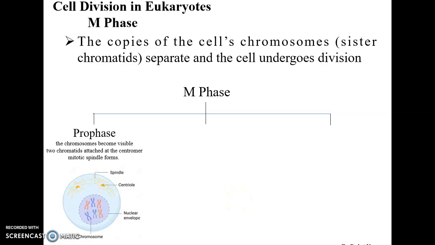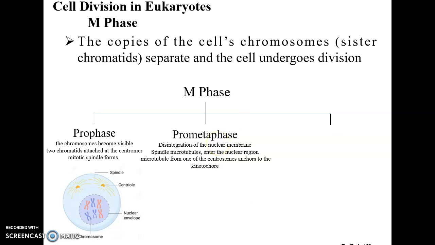In animal cells, the spindle grows out from a pair of centrosomes that migrate to opposite sides of the cell. Within each centrosome is a special organelle known as the centriole, which is also composed of microtubules. Some plant cells do not have centrosomes or centrioles, but they do have the mitotic spindle.